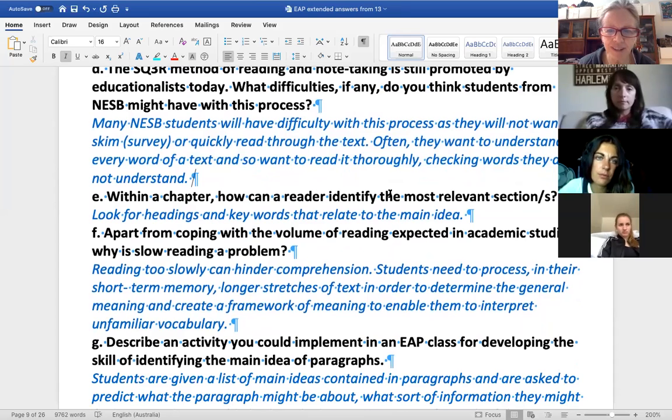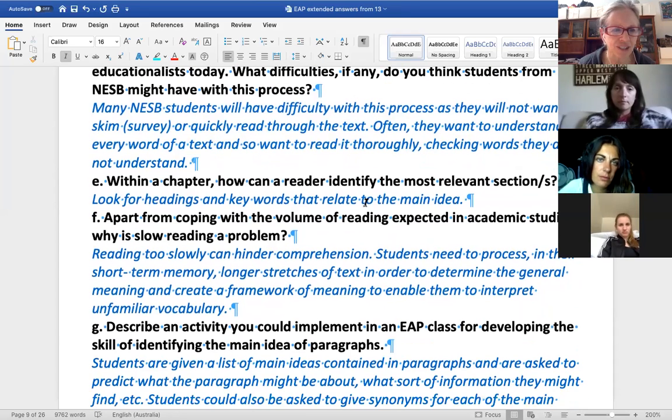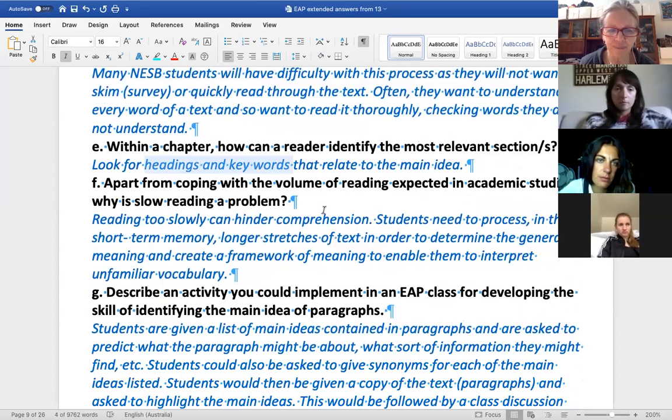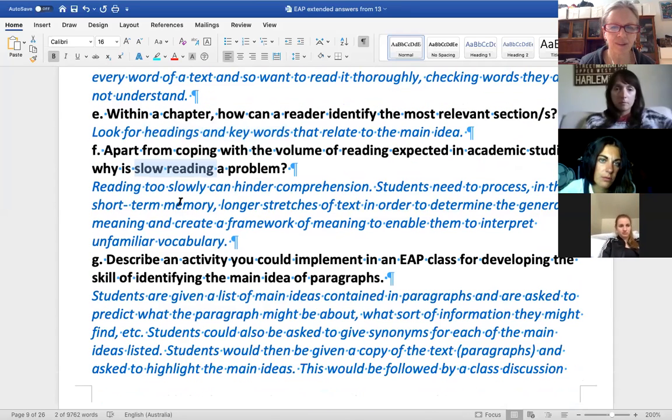Okay, so how can we identify the most relevant sections or headings, keywords? So apart from coping with the volume of reading, what else can we do to help them? So if they're reading too slowly, for example, those Japanese students that stop and check every word, what can we do?